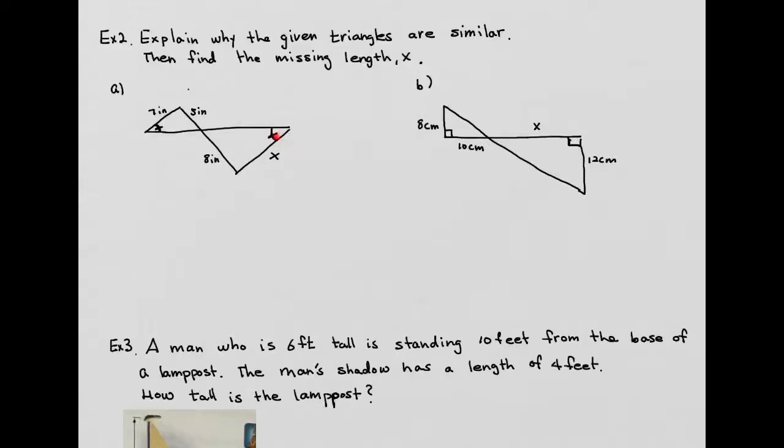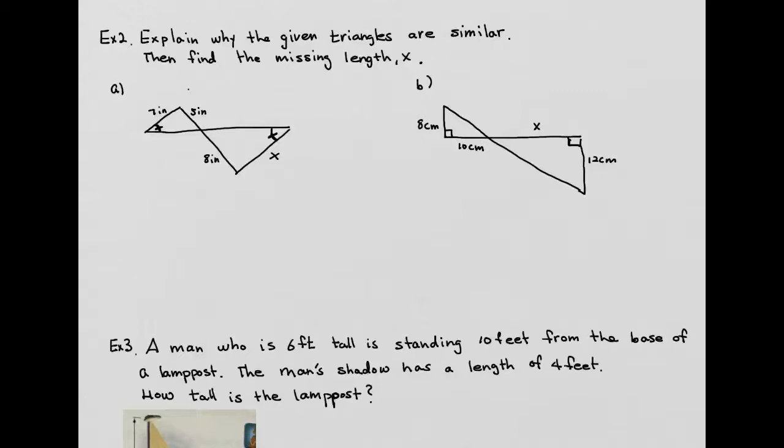It means those 2 are the same angle. Because these 2 are vertical angles, they must be the same. Remember, vertical angles are the same, right? So out of 180, we have 2 same angles. It means the other has to be the same also.